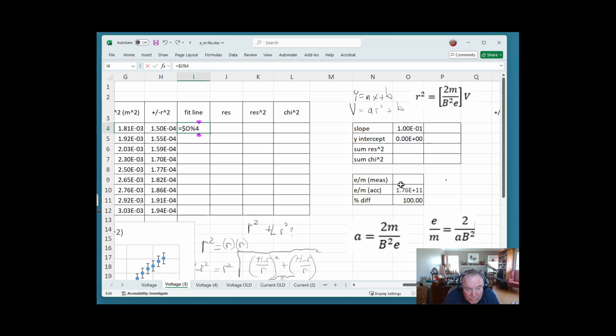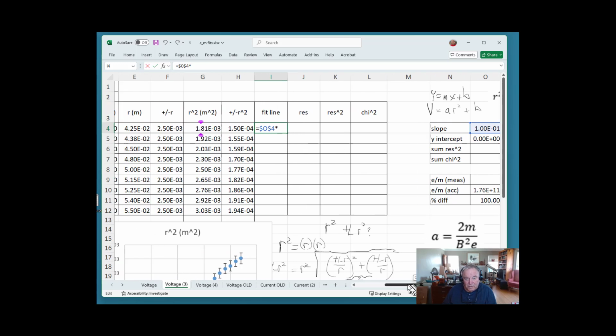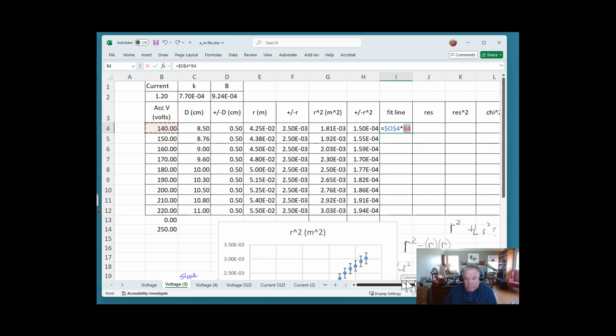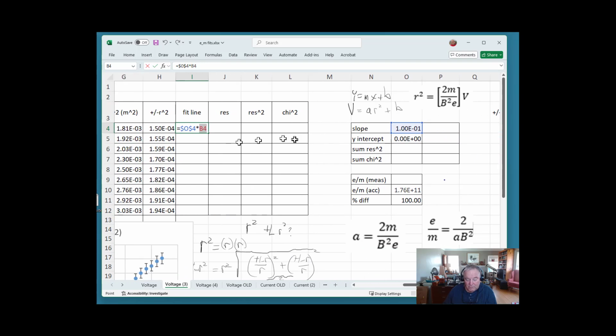Great. Oops. Dollar, not percent. Times, and that would be the value of the voltage at that point. And I'm just doing this scroll bar on the bottom. And I click in here just to make sure. Plus the y-intercepts, and I need my dollar signs.